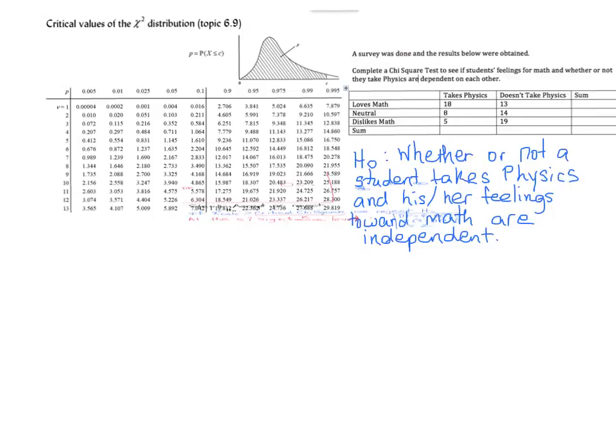Now that you have your degrees of freedom, which is 2, and your confidence level, which is 0.95, we can see where they meet. So degrees of freedom is 2, and it meets the confidence level at this value. So our critical chi-squared value, K, is 5.991.